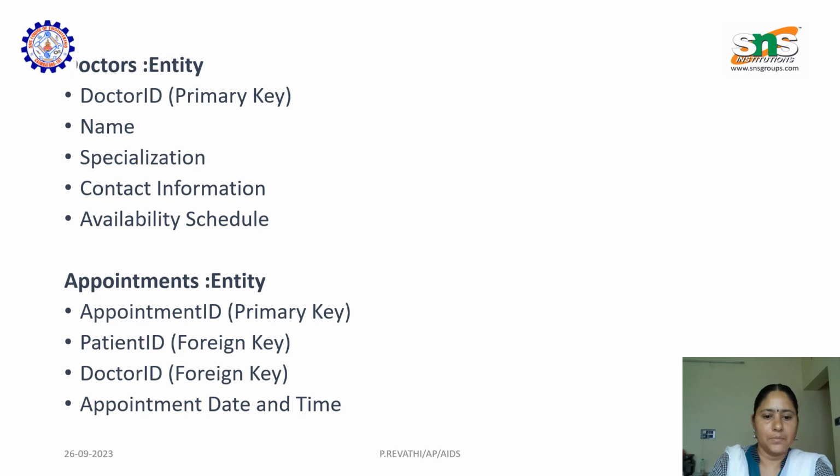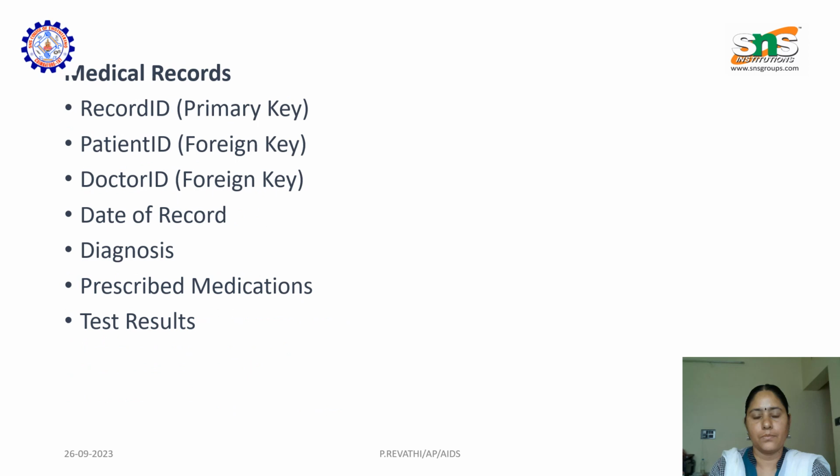Appointment ID, patient ID, doctor ID, appointment date and time. Appointment ID is the primary key, patient ID is a foreign key, doctor ID is a foreign key. Appointment date and time are attributes.